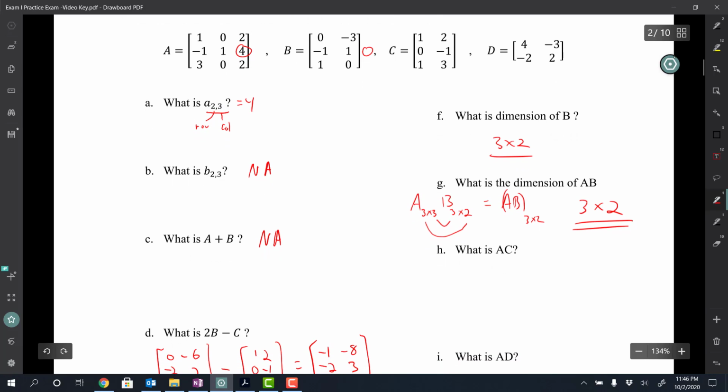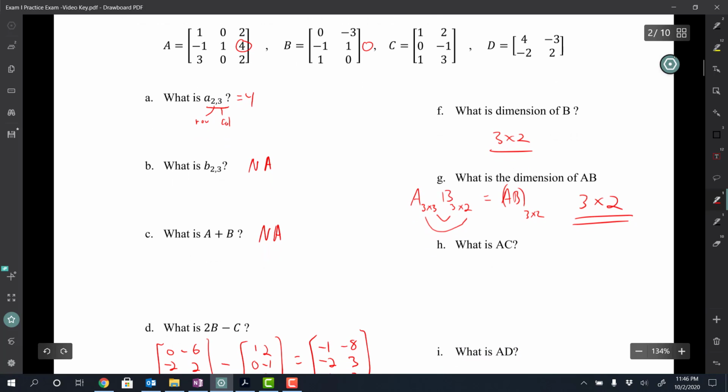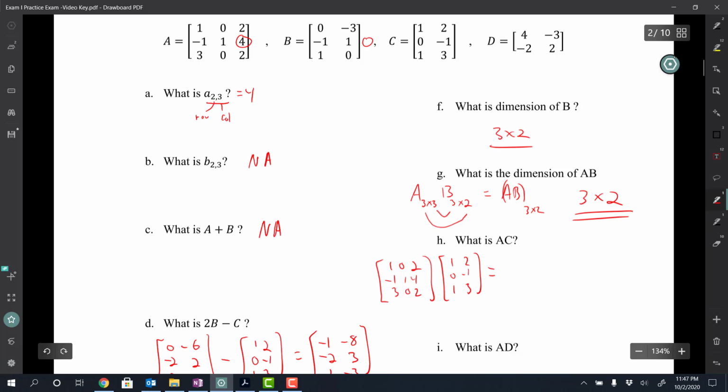What is AC? Now they actually want me to calculate this product. So I will write my matrix A, which will look like that, and my matrix C, which will look like this. In this case, once again, my product is going to be a 3 by 2 matrix.